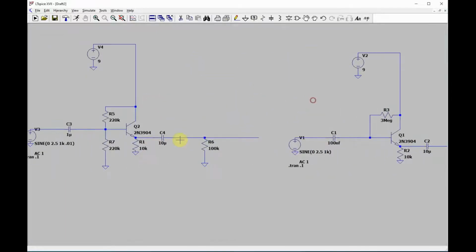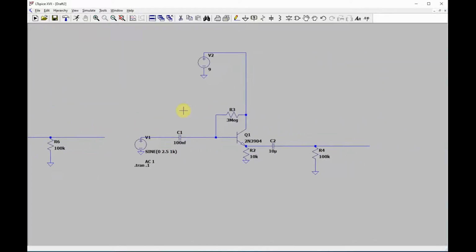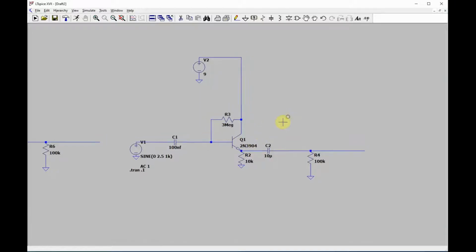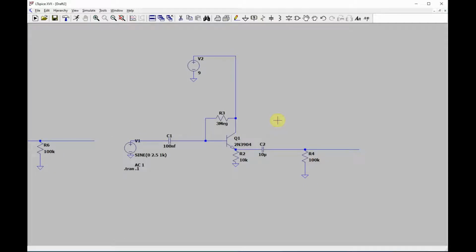Like you can see here, the bias is set pretty closely, and if you get an HFE that's, I don't know, 100 versus 300, it doesn't make that much of a difference, really. Now here, the input impedance and the bias are going to be based on the HFE, and so it's a little bit less precise.